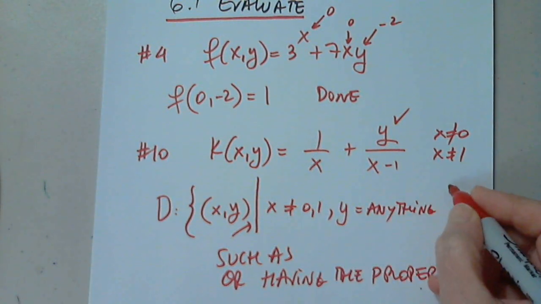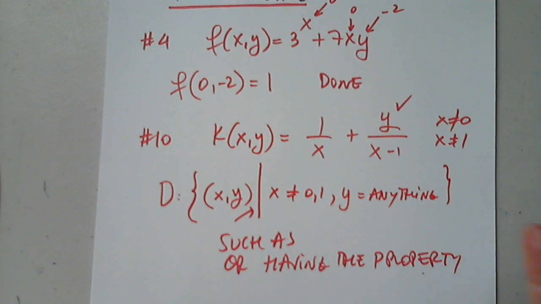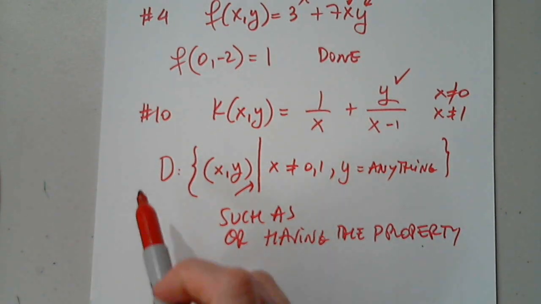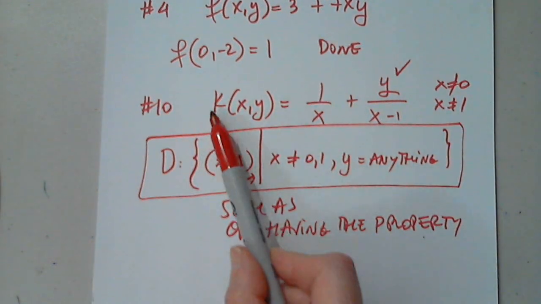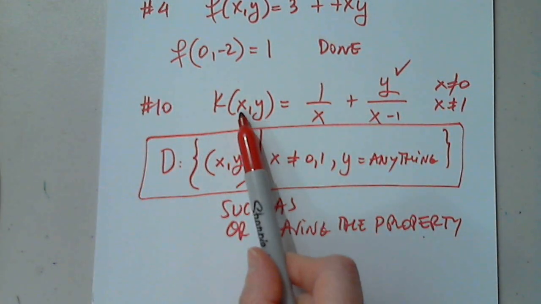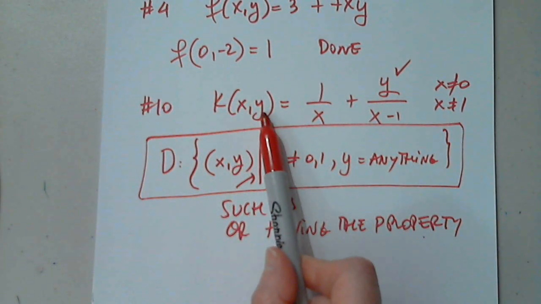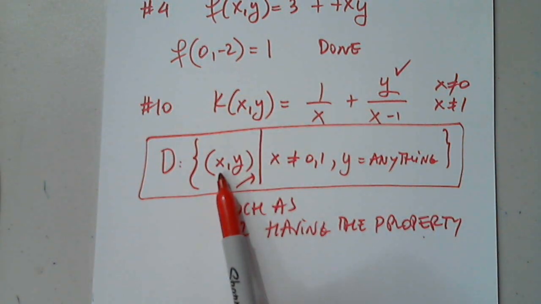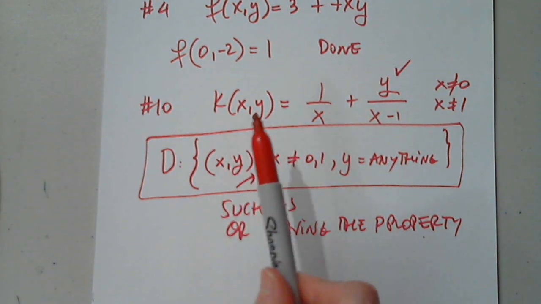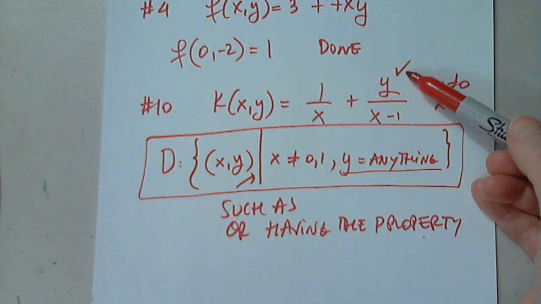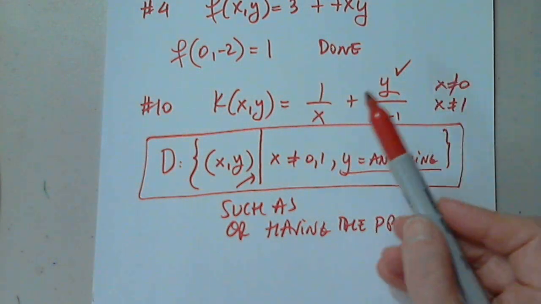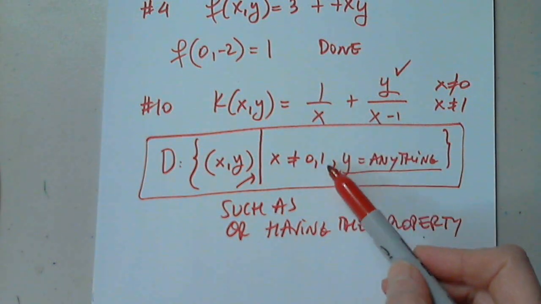We don't do that, but if I don't mention anything about y, it means that y can be anything. This is how I write the domain of such a function. So function k of x comma y has ordered pairs x comma y having the property that y has no restriction, but x cannot be 0 and x cannot be 1.